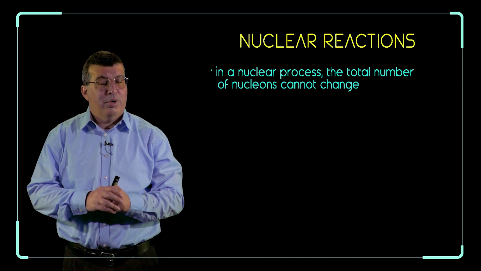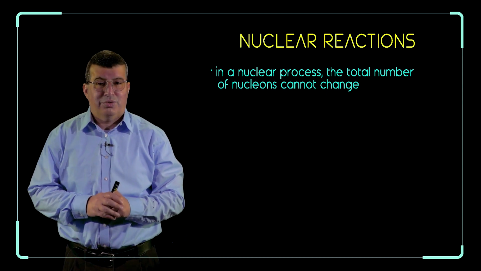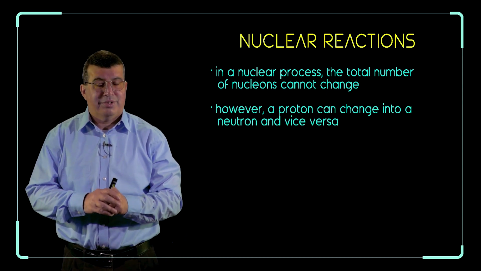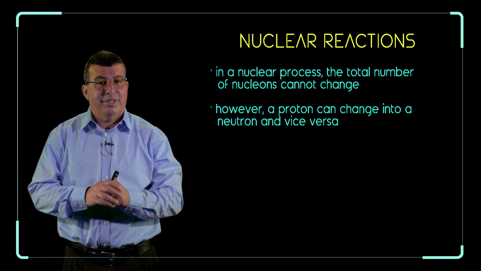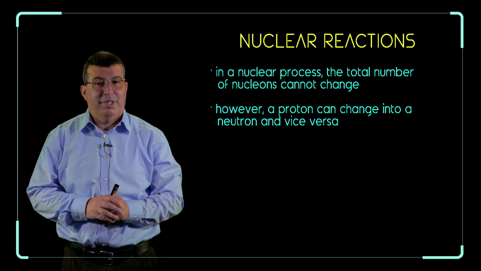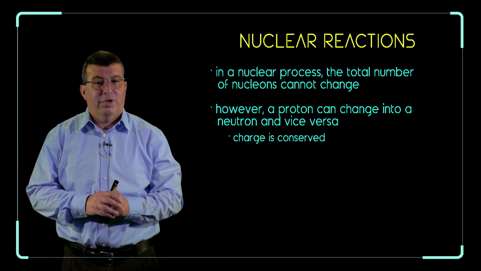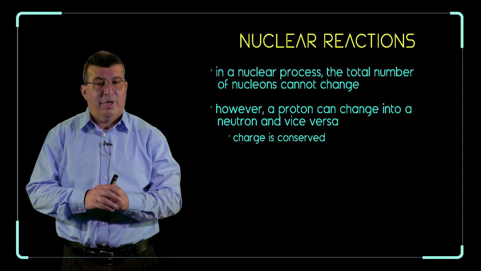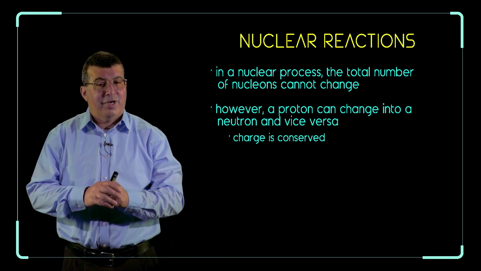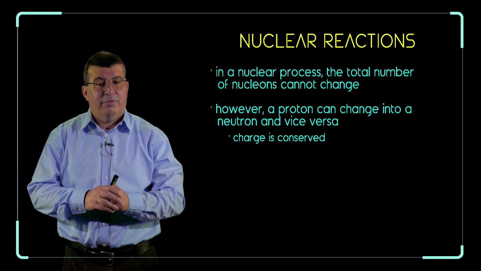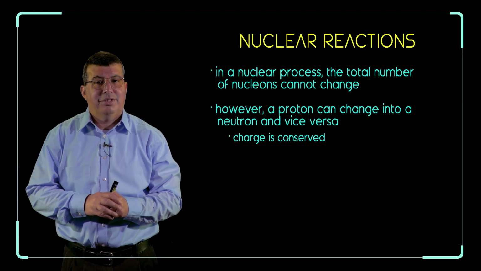However, a proton can change into a neutron and vice versa. Now when that happens, another rule is that the total charge has to be conserved. So for example, if a neutron turns into a proton, that satisfies the first rule because the total number of nucleons has not changed.